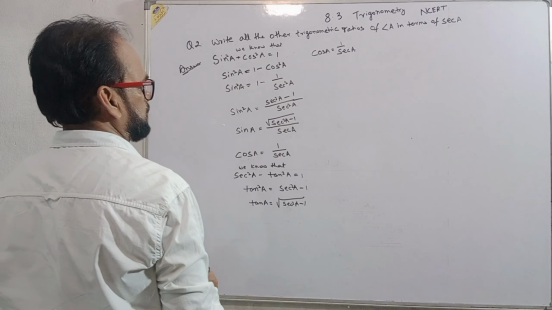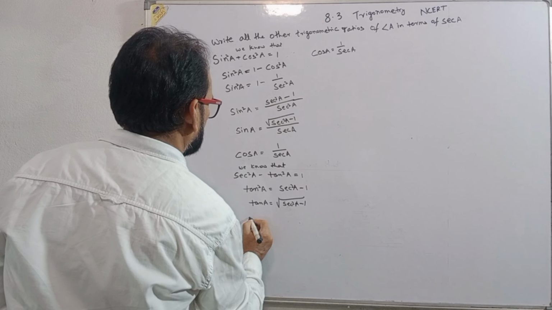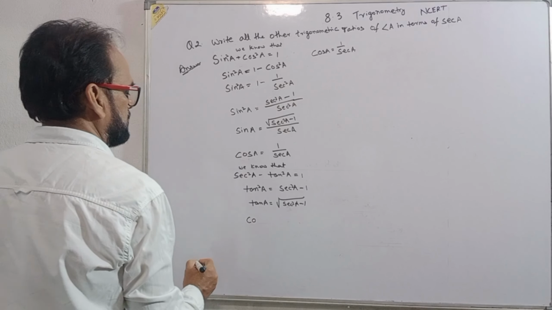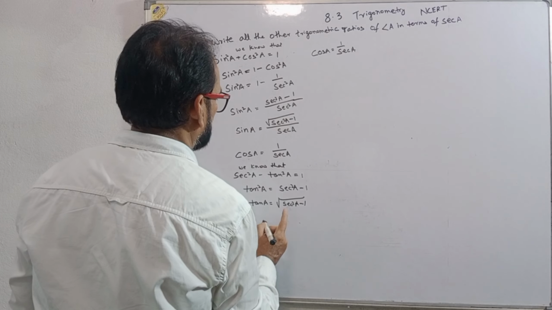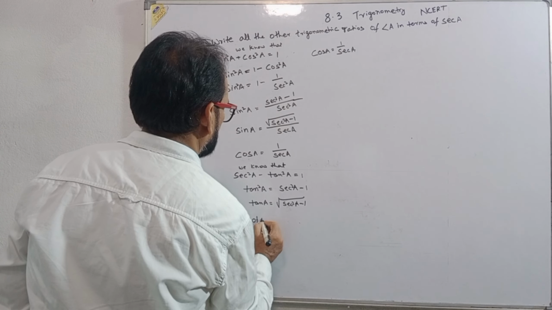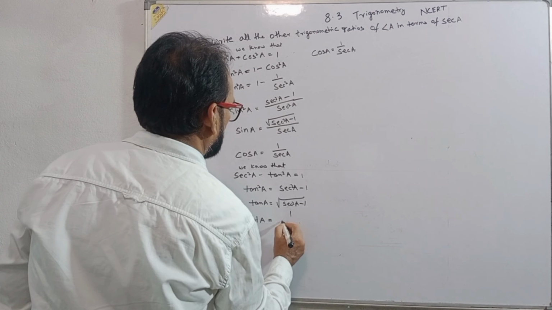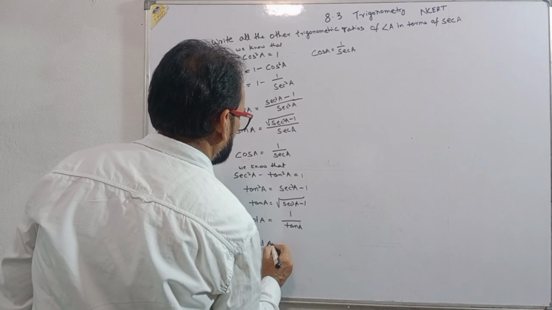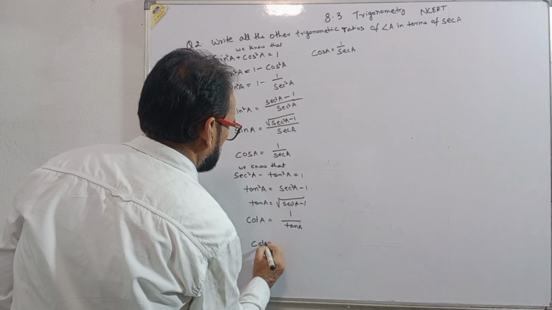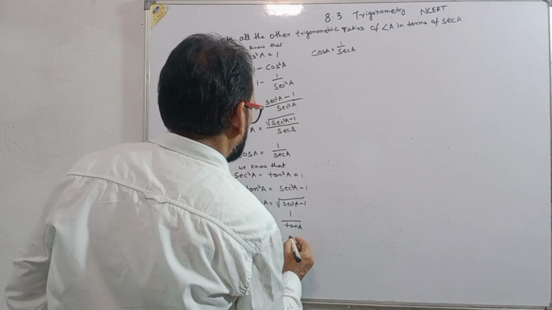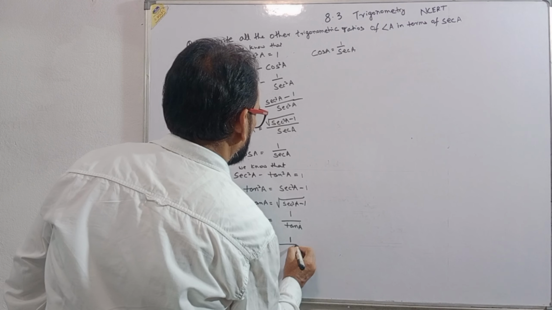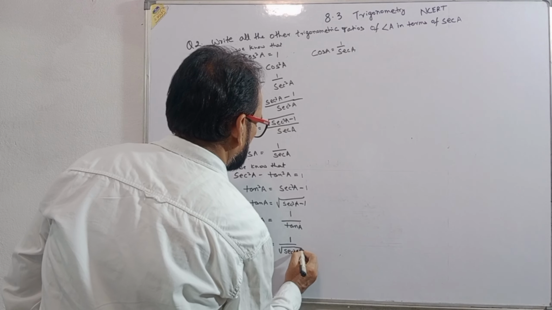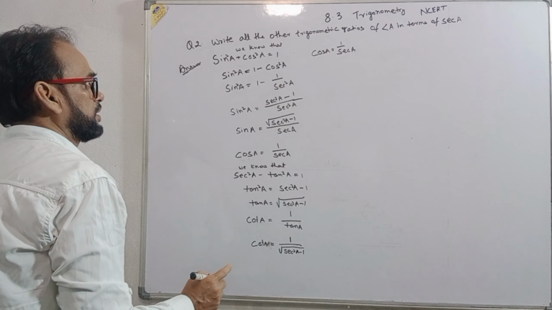Now cot A in terms of sec A. Cot A equals 1 by tan A, so cot A equals 1 by under root sec square A minus 1. Cot is also done.